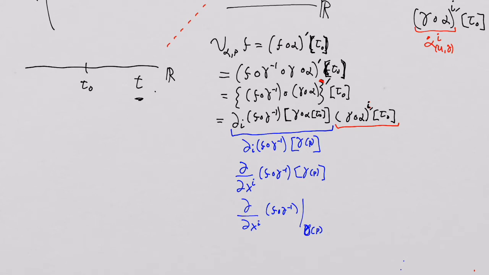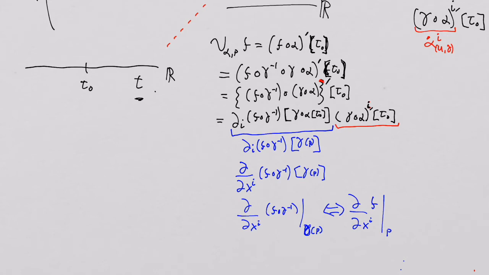But now I can say, all right, we know that this is all relative to some chart, right? So let's just forget the gammas, and let's just write this as d by dxi of f evaluated at p. And I kind of drop the charts. And I need to know that this is relative to a chart.